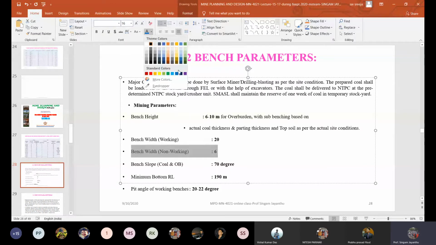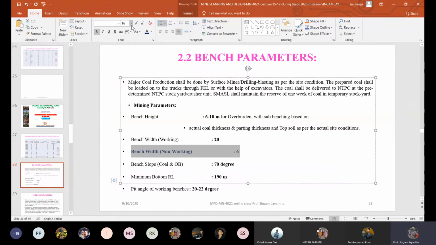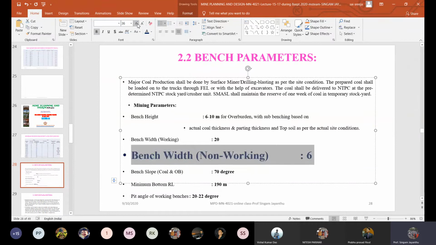You are at the boundary. In that case, you need not go further, and there we keep the width at 6 meters. Later, you need not go into that bench to work it. That is the meaning of a non-working bench.